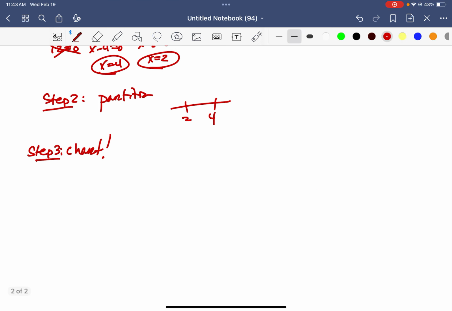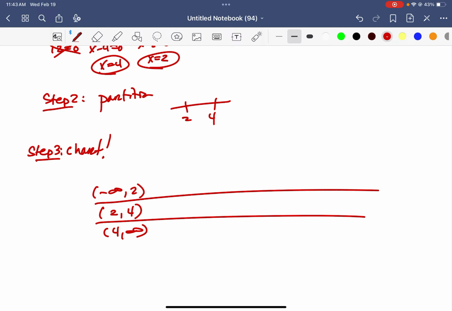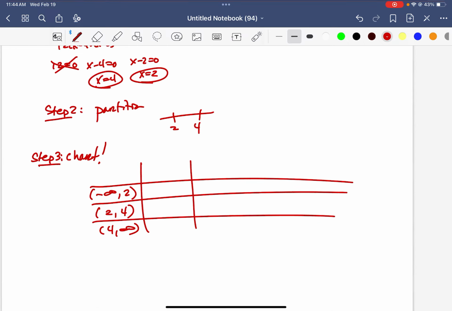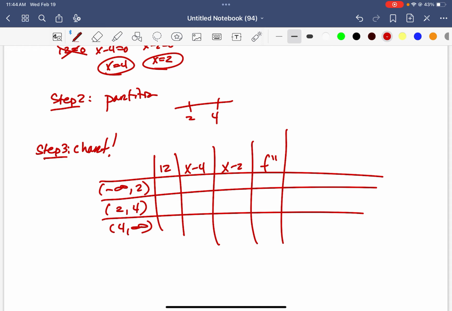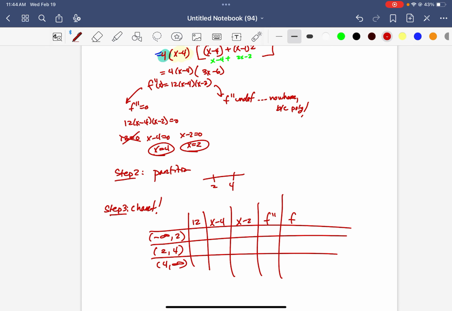I'm going to have negative infinity to 2, 2 to 4, and 4 to infinity. So when I do that, what are my pieces going to be up here? Well, I'm going to have a 12, which is always positive, right? I have an x minus 4 and an x minus 2.